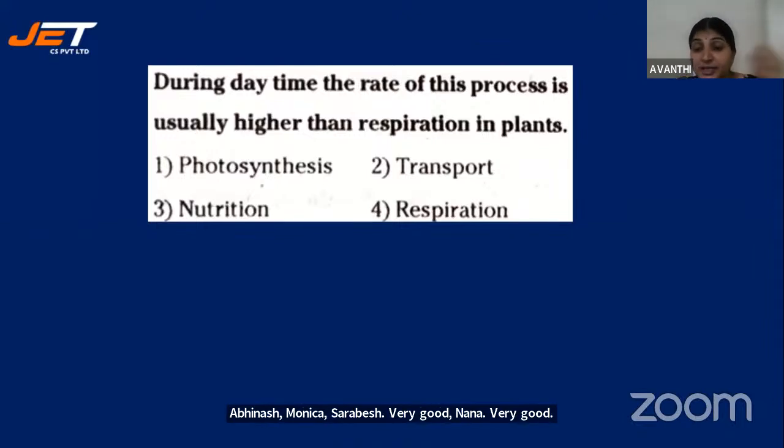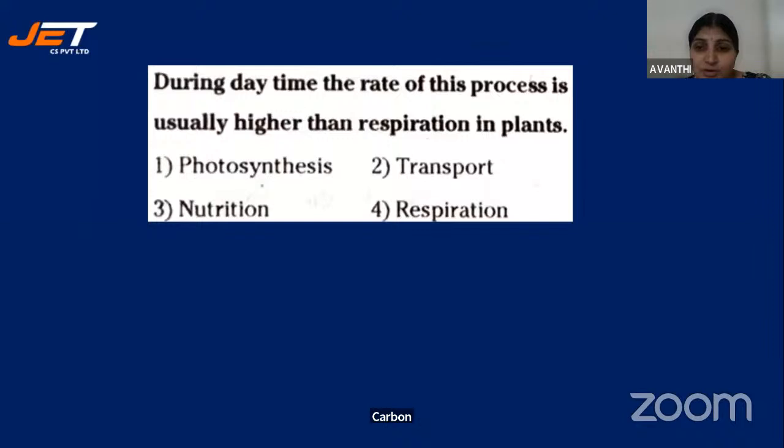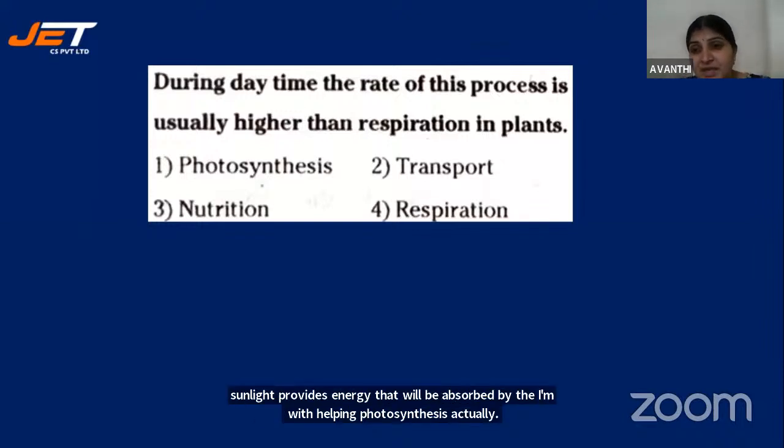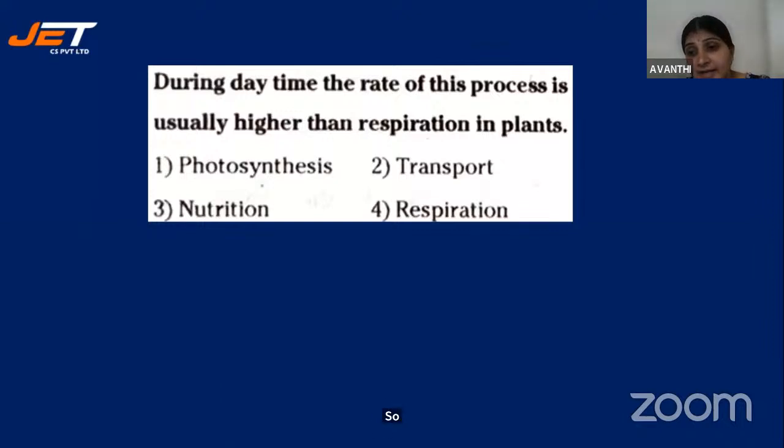See, children, mostly during the daytime, that is in the presence of sunlight, plants will be concentrating more on taking carbon dioxide from the atmosphere, so that the sun is available. The sunlight provides energy that will be absorbed by the chlorophyll pigment, which helps in photosynthesis. And mostly during night time, in the absence of sunlight, plants will be concentrating on taking in oxygen, that is respiration.